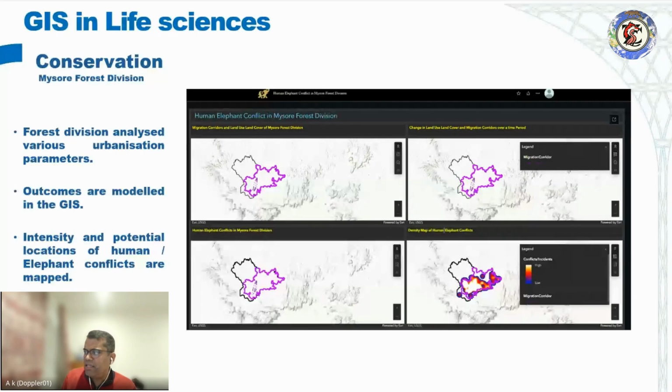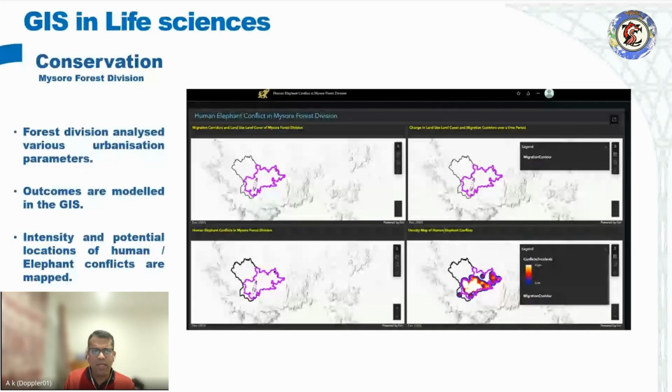And I think they came up with the conflict or incident zones hotspot, as you can see in the bottom right corner. And if I'm not wrong, they are working to ease that conflict stress, by creating dedicated elephant corridors that will completely avoid human interaction or interference, or will take them away from live traffic like a train or a major road.